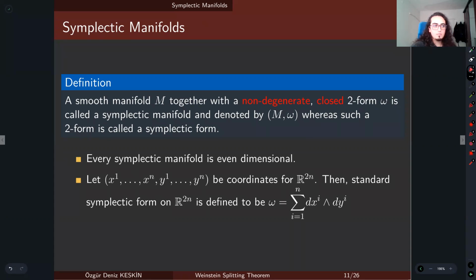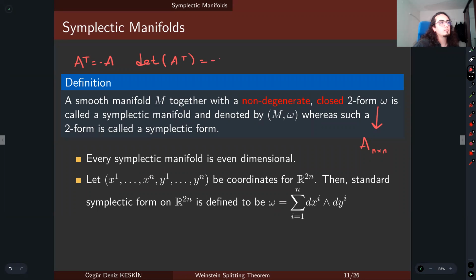Actually, we can easily see that from linear algebra. In local coordinates, omega has a matrix representation, let's say A, and it's an n by n matrix. Since it is skew-symmetric by definition, A transpose must be equal to minus A. And the determinant of A transpose and A must be the same.